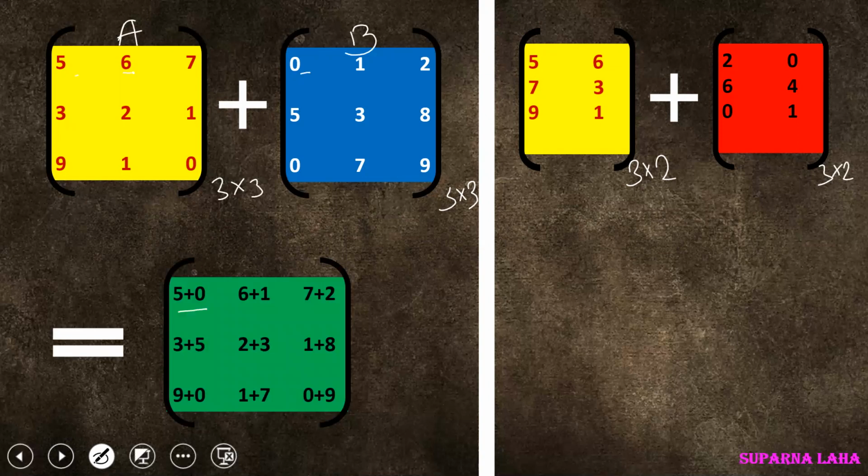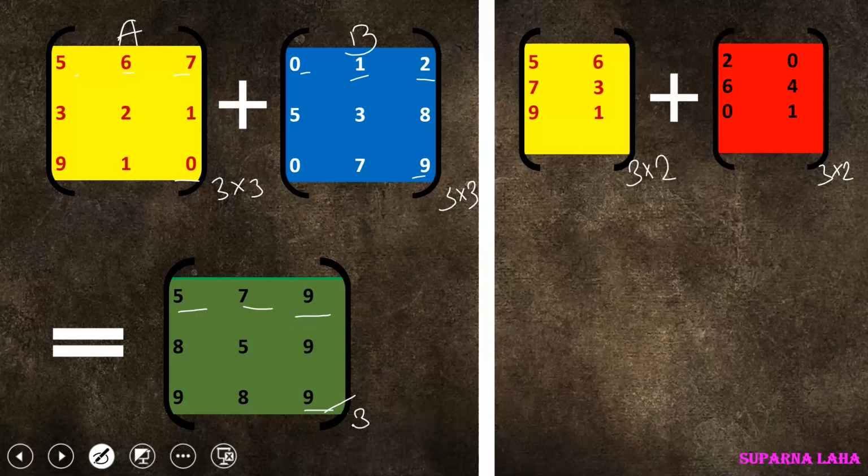Next is 6 plus 1, 7 plus 2, and like that we add all the elements, and the last is 0 plus 9. Just add them and you will find the answer is 5 7 9, 8 5 9, 9 8 9. And this matrix is also a 3 cross 3 matrix.